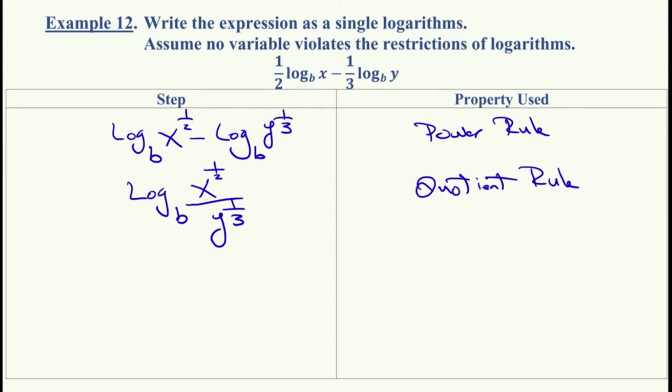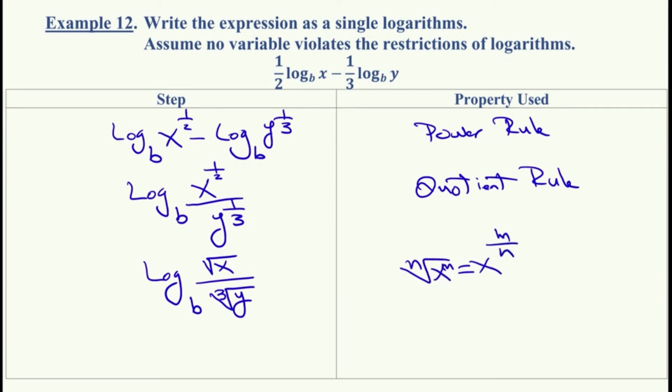And finally, if we like, we could write those as radicals. So we can say log base b of square root of x over the cube root of y. There we're just using the nth root of x to the m equals x to the m over n rule. And that's all there is to that one.